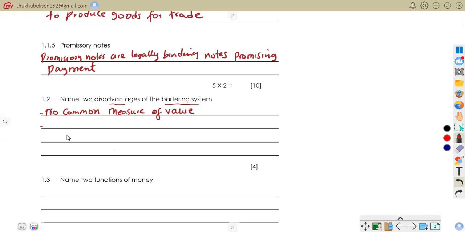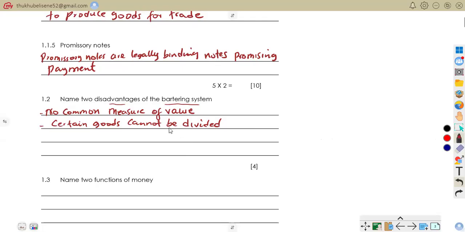Also, certain goods cannot be divided. Before I talk about an example, when you talk of certain goods that cannot be divided, it means some items cannot be split without destroying them.